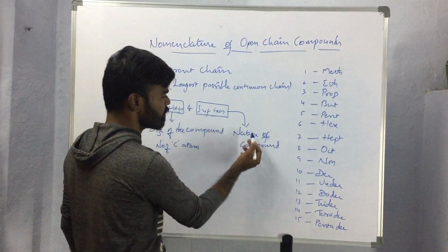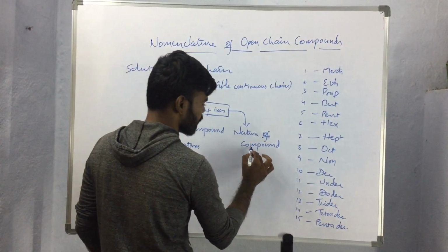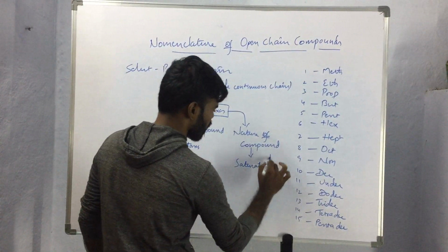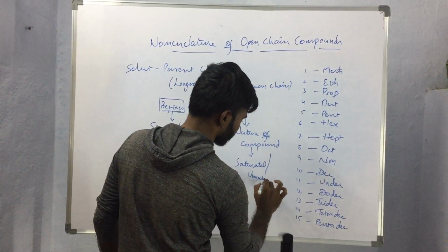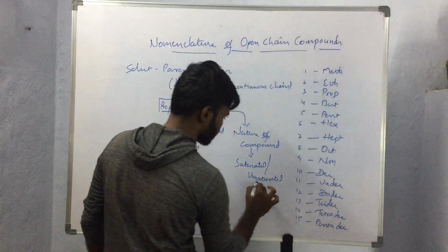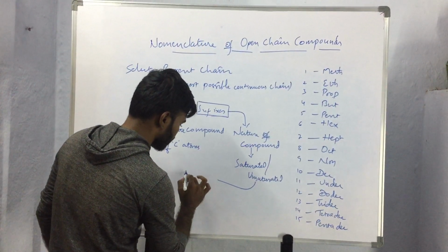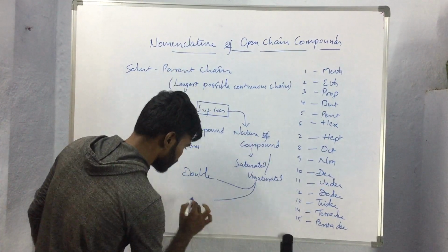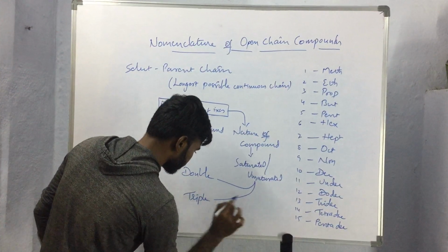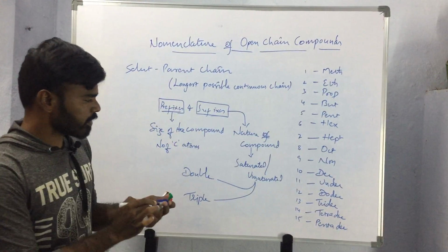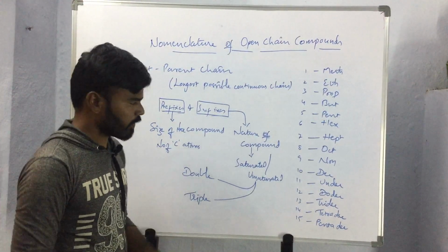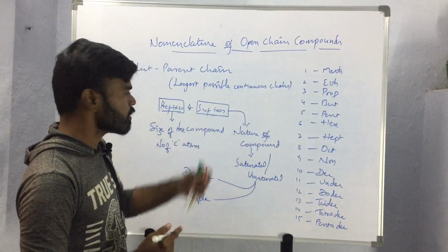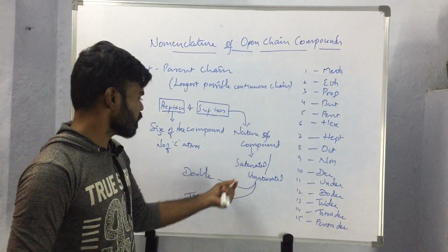The suffix indicates the nature of the compound. That means whether it is saturated or unsaturated. If it is unsaturated, whether the unsaturation is a double bond or triple bond. Okay, so all these things we have discussed, and we have seen certain prefixes, and certain suffixes which indicate the presence of unsaturation.